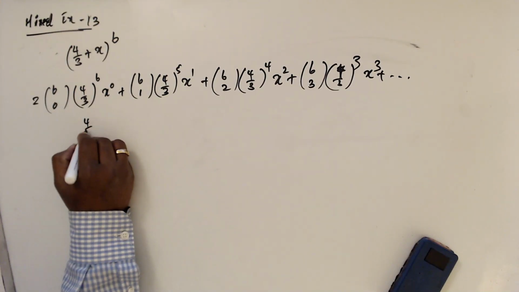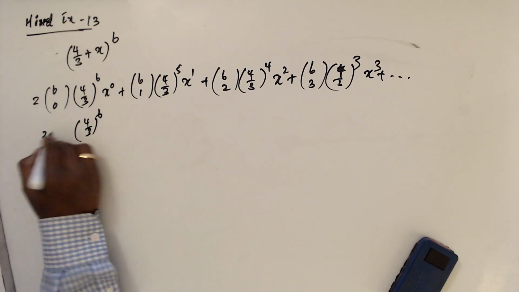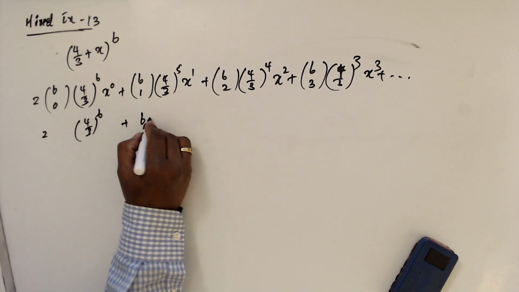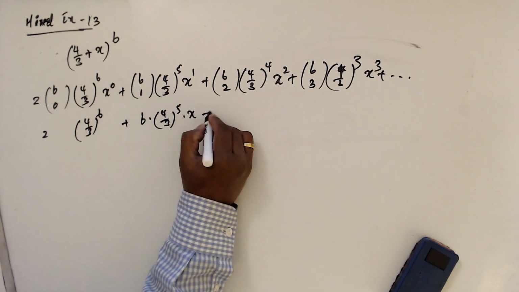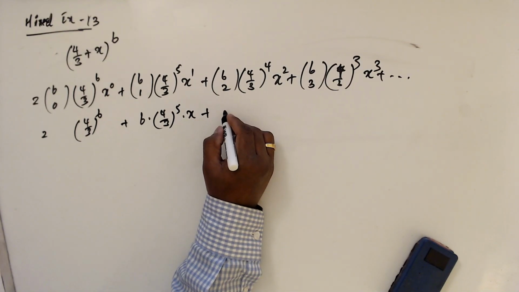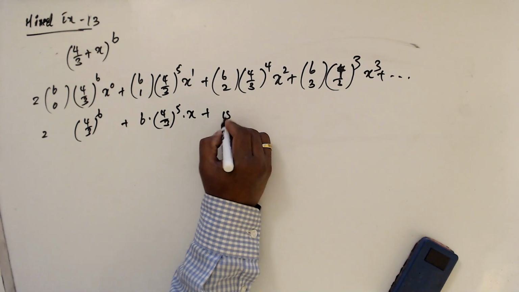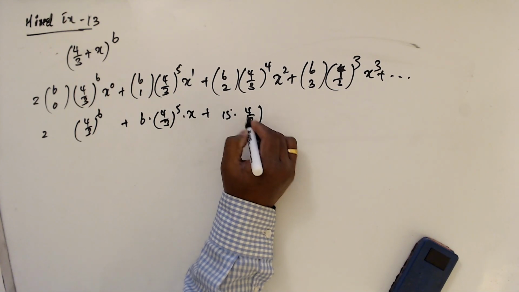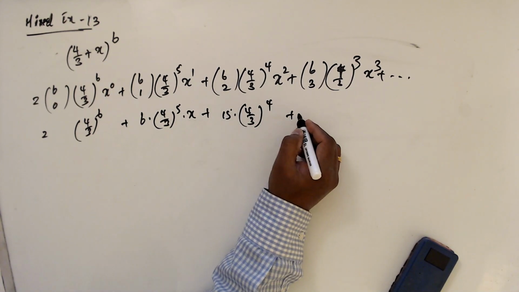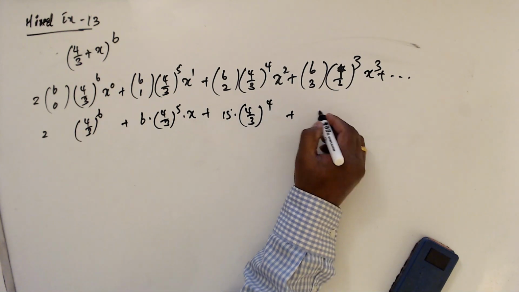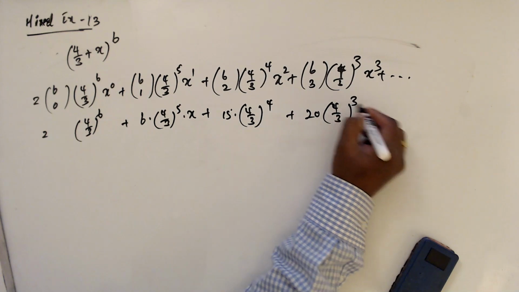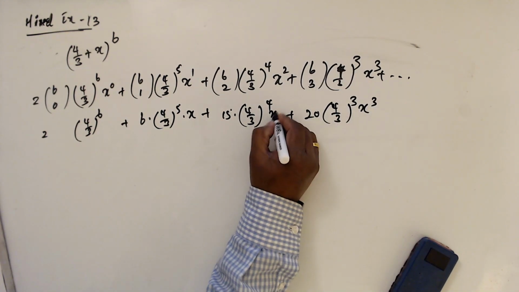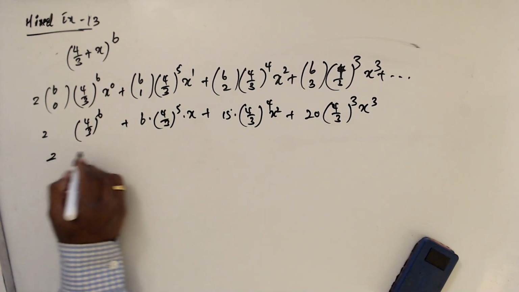This is (4/3)^6, and this is 6 times (4/3)^5 x, and this is going to be 15 times (4/3)^4 x squared, and 20 times (4/3)^3 x cubed.